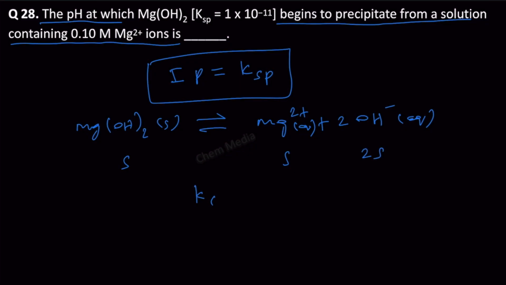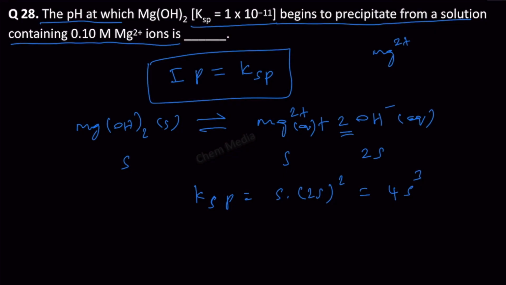So therefore Ksp is equal to S times (2S) the whole square, because we have the stoichiometric coefficient 2 here. So therefore this is 4 S cubed, and that value is given as 1 times 10 to the power minus 11.